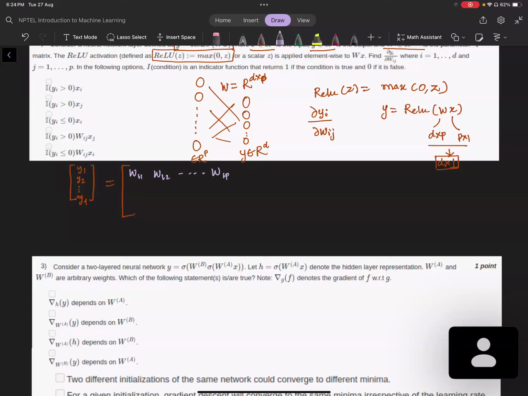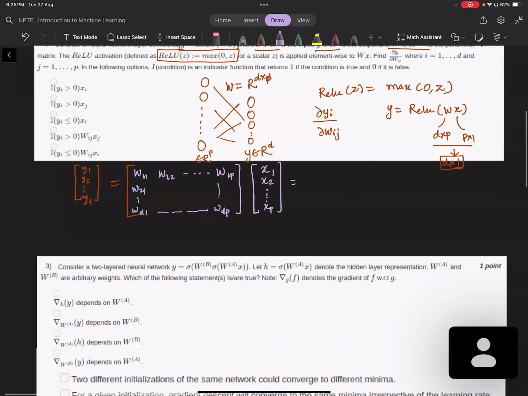Similarly, up to wd1 through wdp. And this will be x1, x2 up to xp.